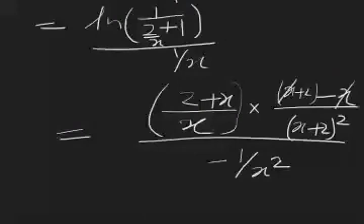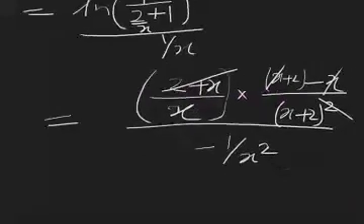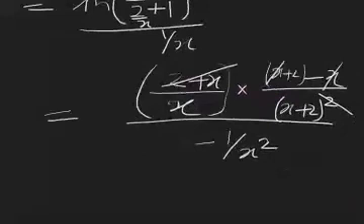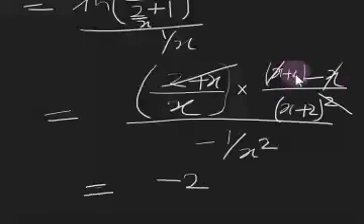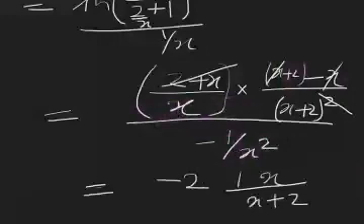We can cross off some terms, and one of the terms cancels with another, and finally you get something like -2 over x squared, times something.